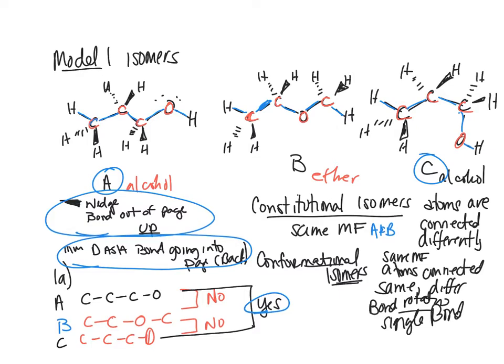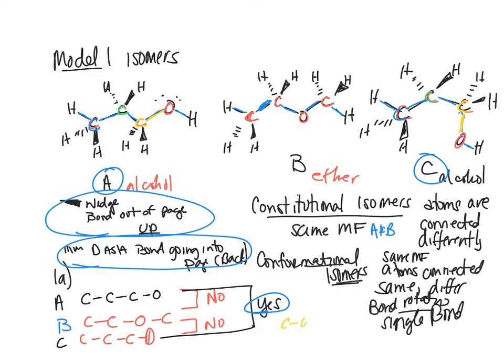Okay, so if we look at the first carbon, they're the same. We go to the next carbon, they're the same. We go to the next carbon. The hydrogen's coming at you, the OH is going back. But it looks like that this bond here has been rotated.